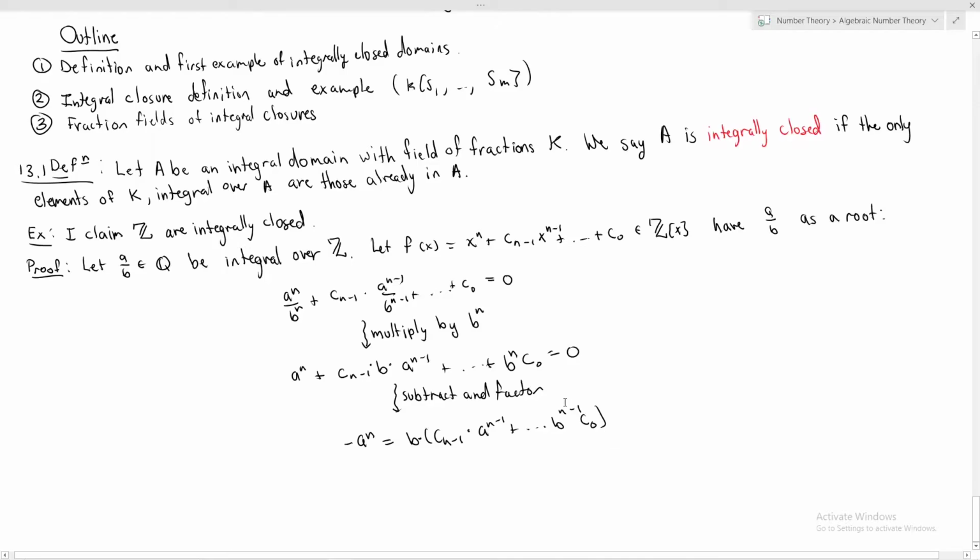From here I don't quite get that b divides a to the n, or sorry, I don't quite get that b divides a. However, we can assume a over b is in lowest terms, so that a and b are coprime.